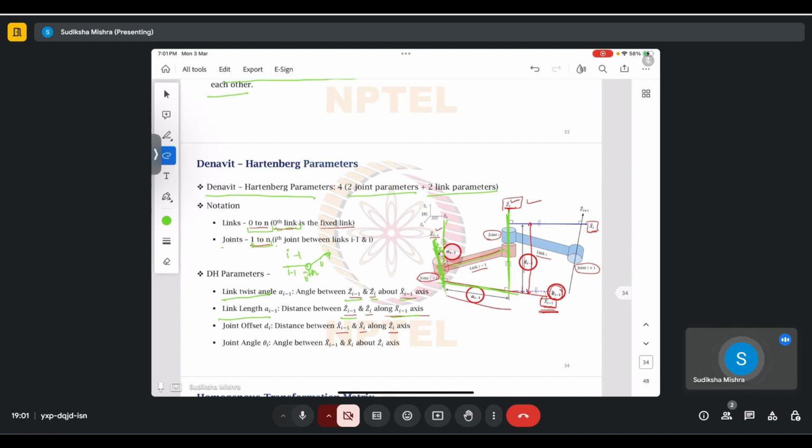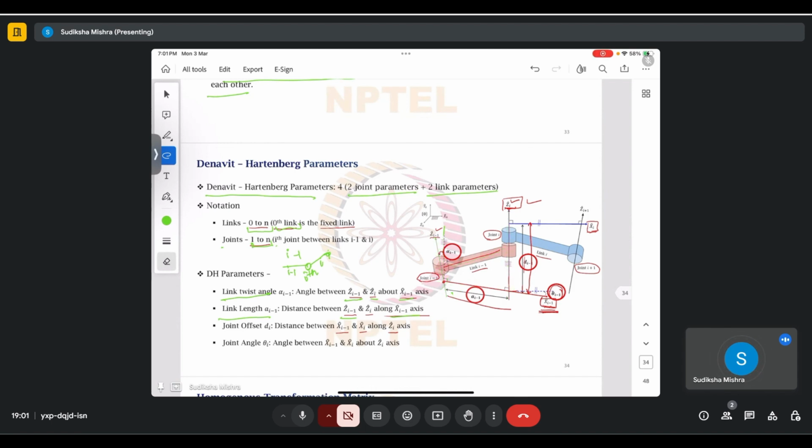So if you would draw a perpendicular to this, you get xi. This particular line is xi. And the distance between this and this becomes a i minus 1.